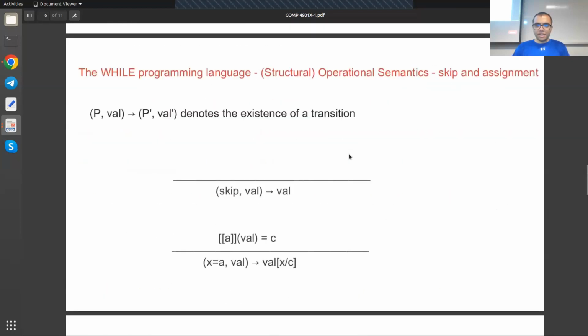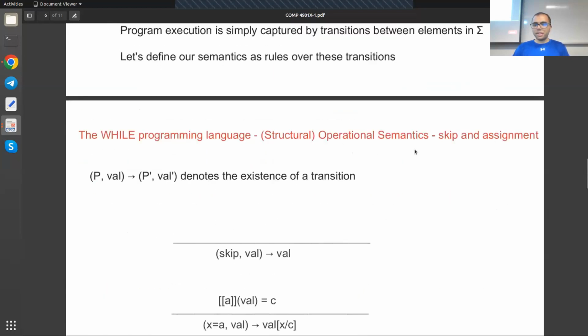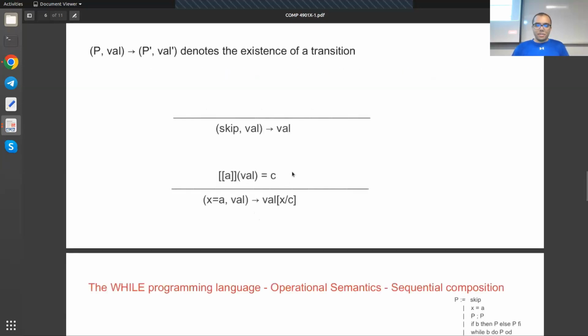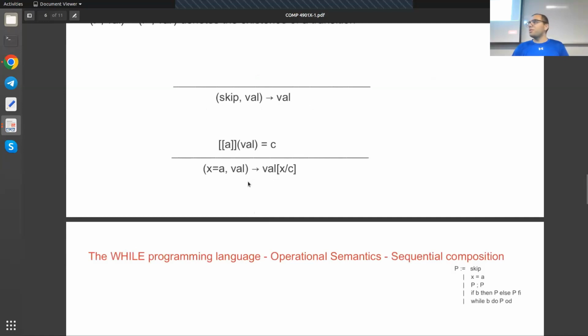Now, we saw what we call structural operational semantics or small step operational semantics. This was the very first thing that we saw. And it basically defines some rules for executing the program one step at a time, one small step at a time. So hopefully you remember these rules, or if you don't remember, you should be able to easily write them by this point.